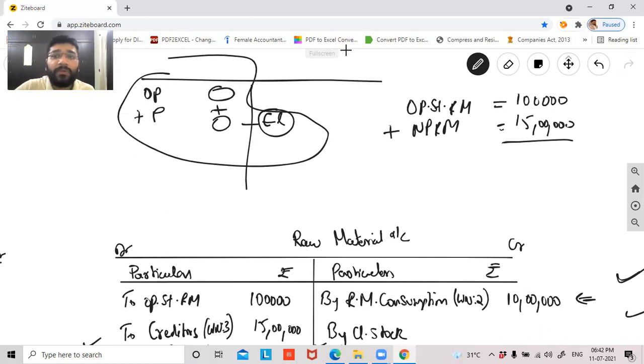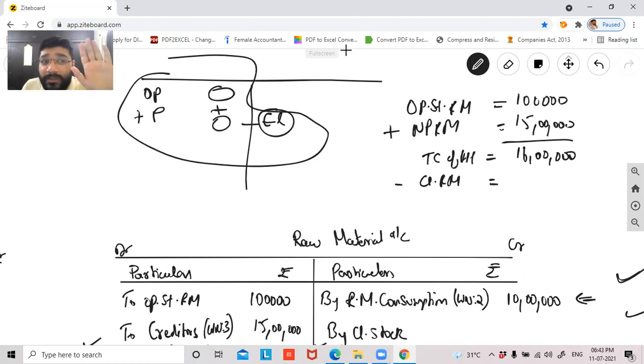This is the total value of the money that I've invested in the raw material, which is 16 lakh rupees. The 16 lakh throughout has not contributed to earning revenue. Out of this, there's certain closing stock of raw material which has not contributed in earning that revenue. So the cost of the closing stock has to be minus from the total cost.